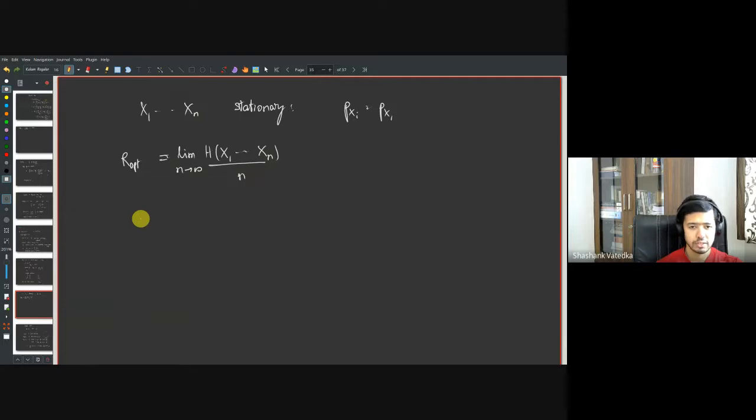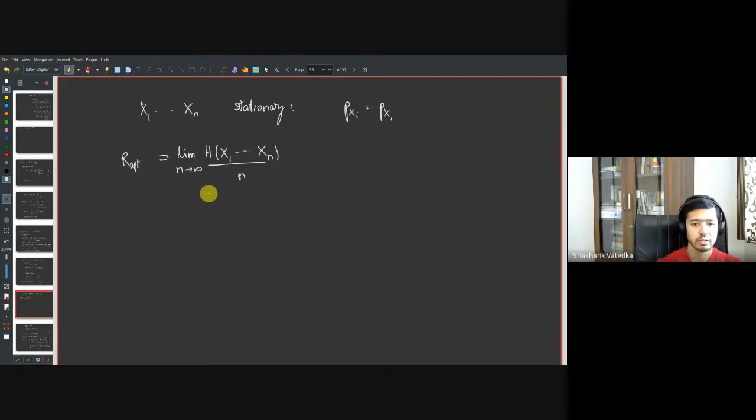The reason is that for an arbitrary sequence of random variables, this limit may or may not exist.